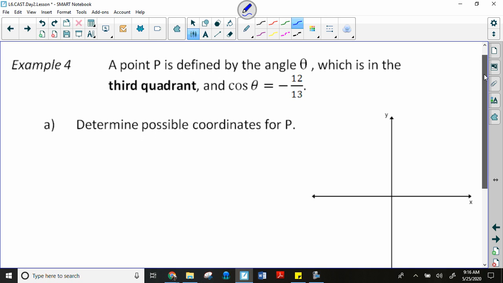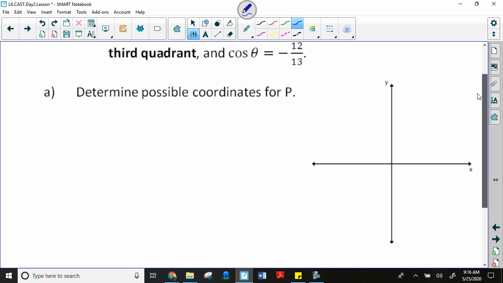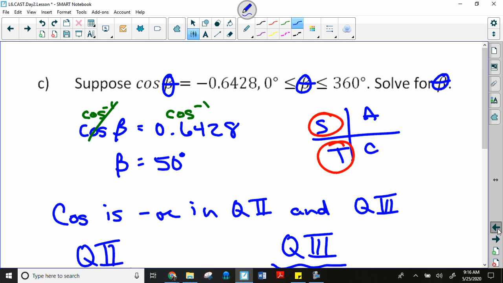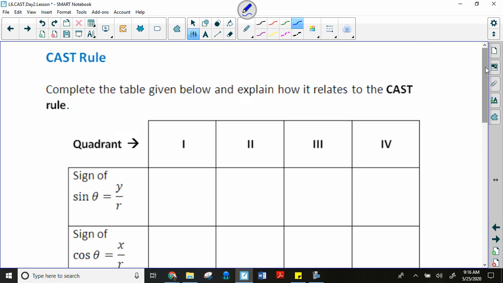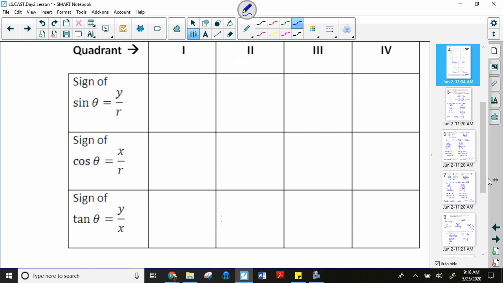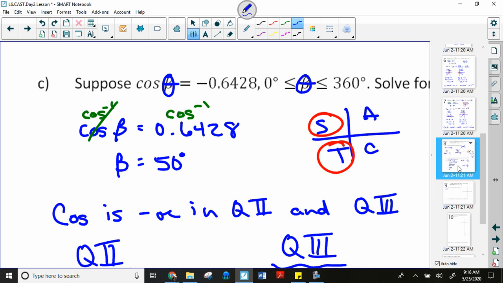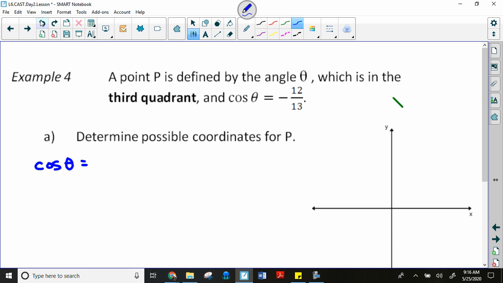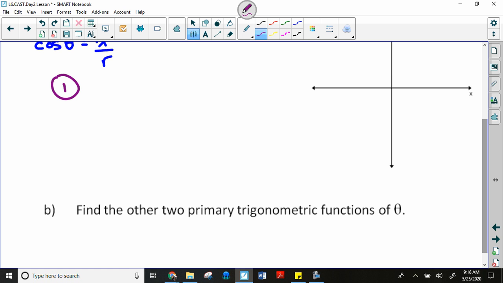Point P is defined by an angle theta, which is in the third quadrant, and cos is negative 12 over 13. Okay, so cos theta is x over r. When we're thinking about the possible coordinates for P, there's only one possibility here, because the radius is never going to be a negative value.